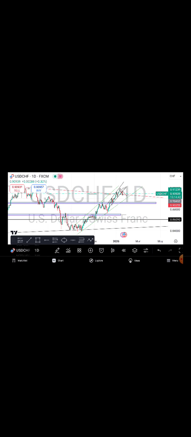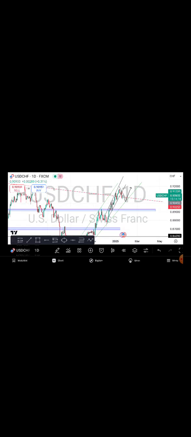However, it's still in the middle of the trend. We are expecting it to come down as far as this, something like this, before moving up. So what is my interest on USD CHF?